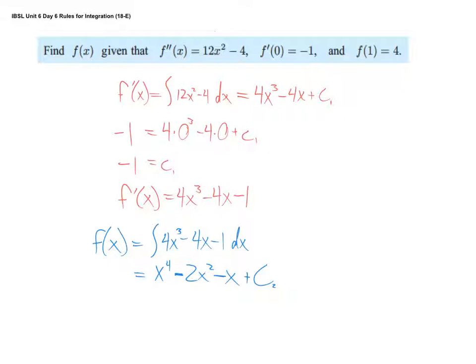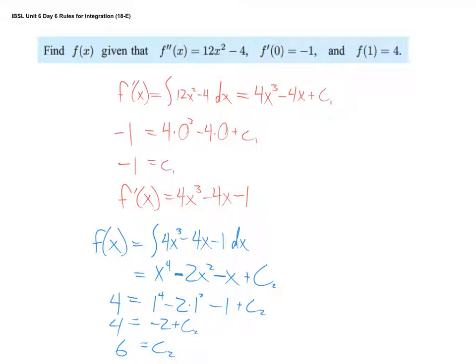But we've got to figure out the constant now. We were given that a point on this function was the point (1, 4). So it's going to equal 4 when x is 1. So that's 1 minus 2 minus 1, so that's -2 plus c2 equals 4. So c2 must equal 6.